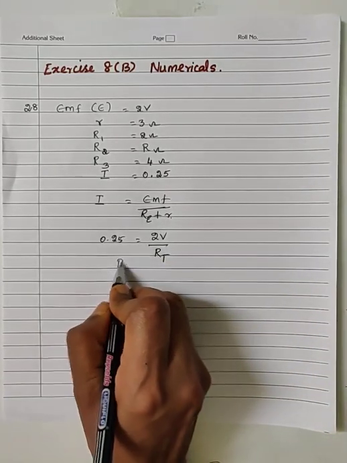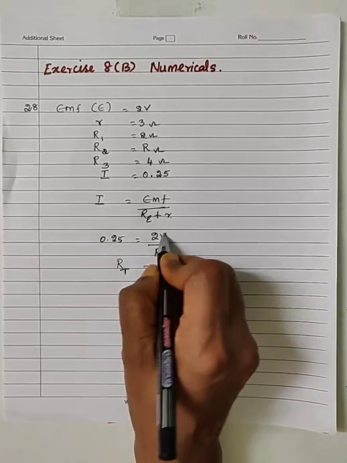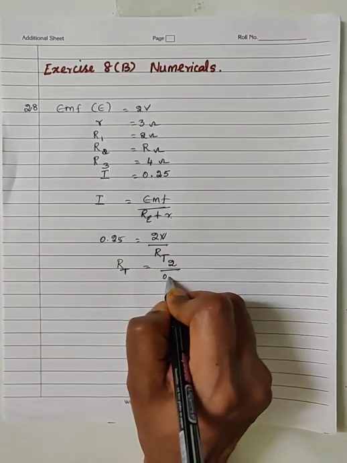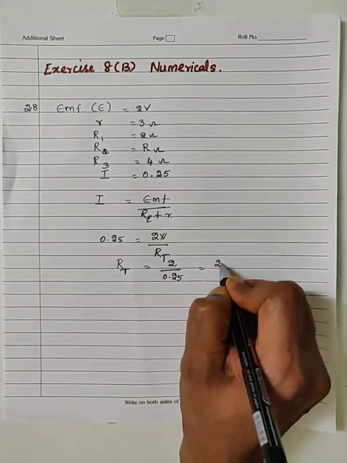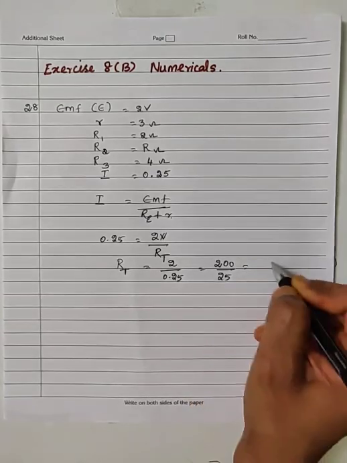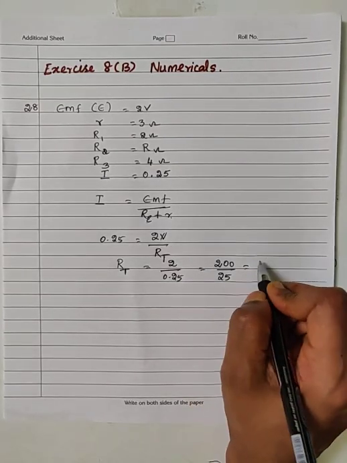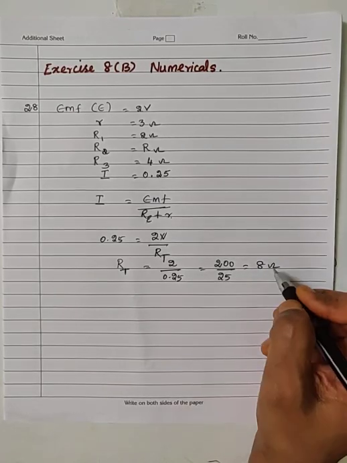So from this, the total resistance in the circuit is equal to 2 divided by 0.25, which is equal to 200 by 25, which is equal to 8 ohm, right?